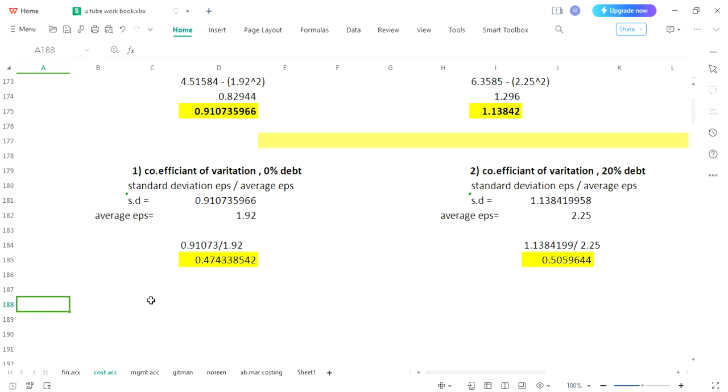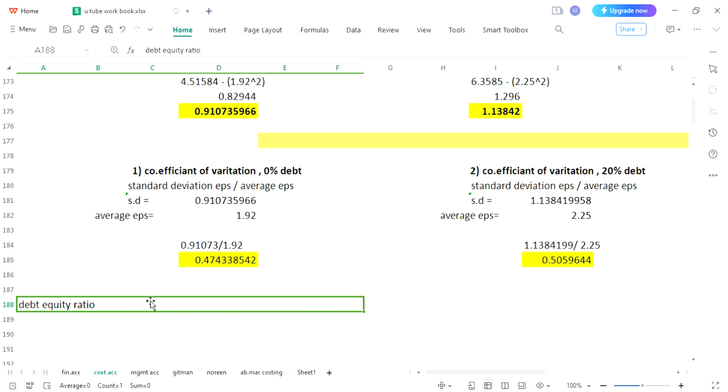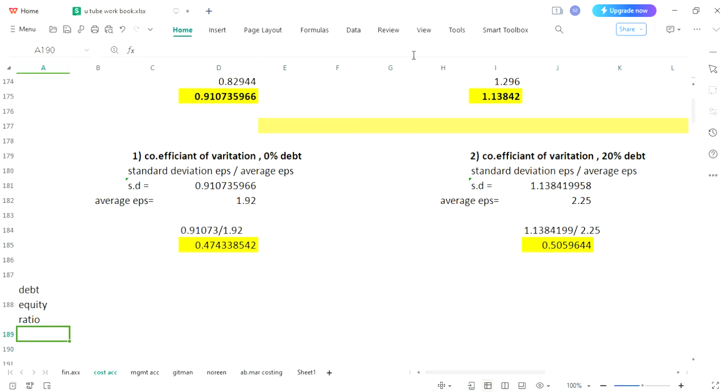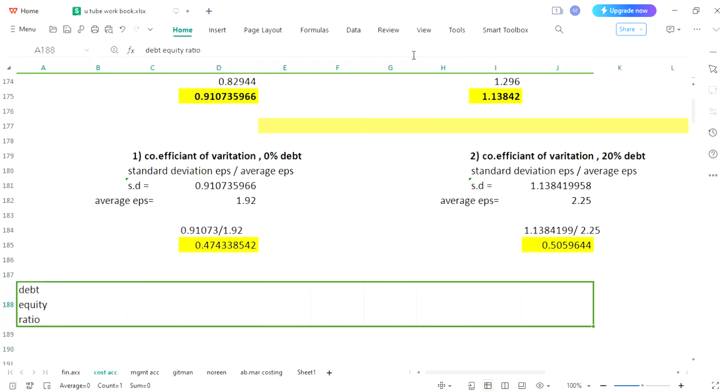First we will put the debt equity ratio, and why not wrap all headings so we can arrange our answers perfectly. Why are we arranging? Because the last part is totally dependent upon these ratios or these answers.